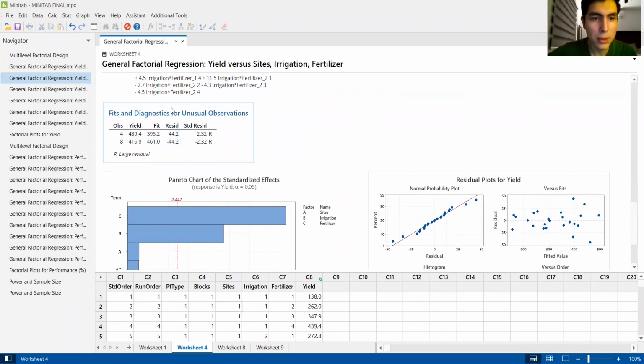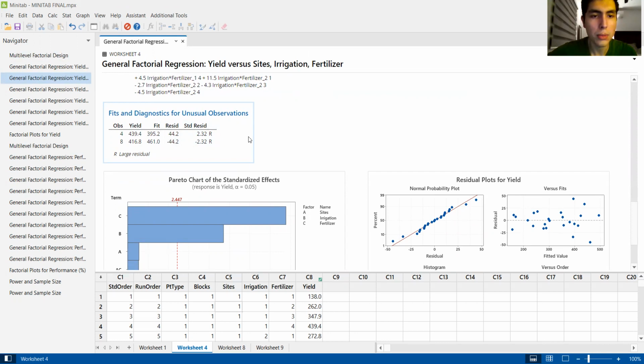We can see that there are two unusual observations, observation number 4 and observation number 8. We cannot take these observations out of the model because that would be kind of like cheating on the model, because these unusual observations are mostly due to an error in the experiment.